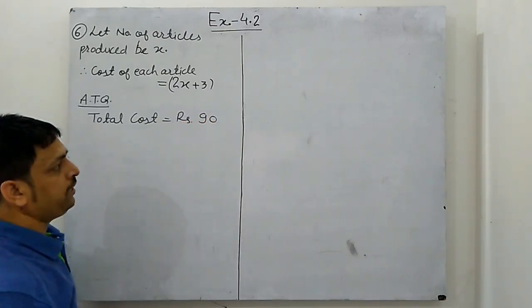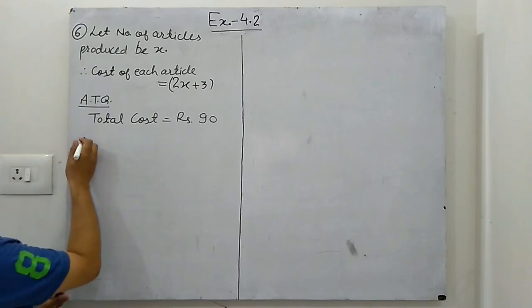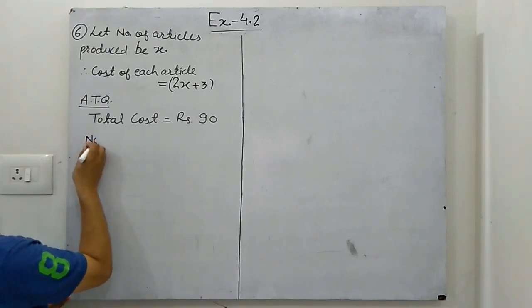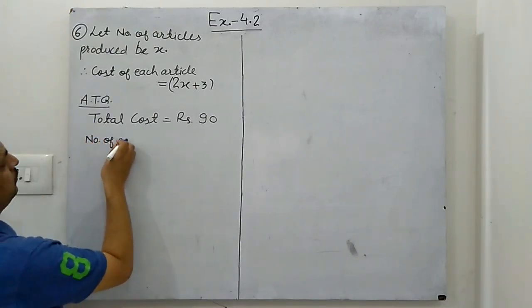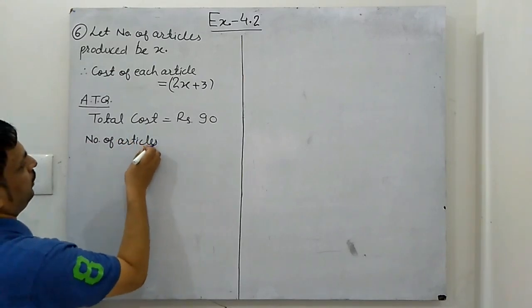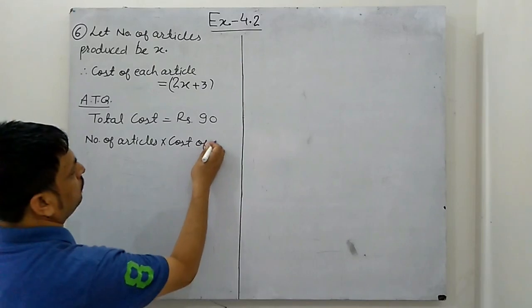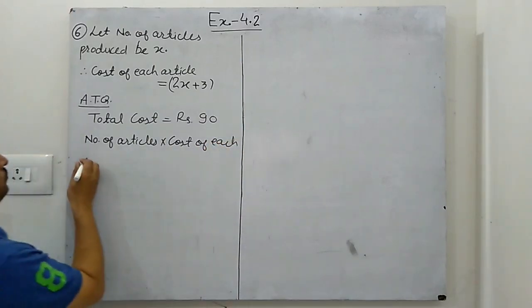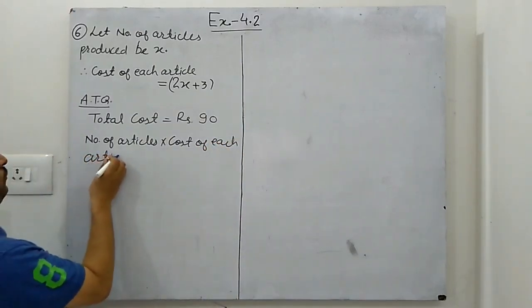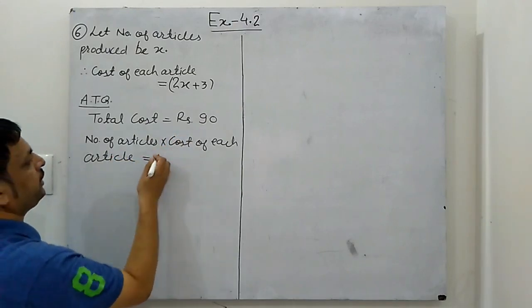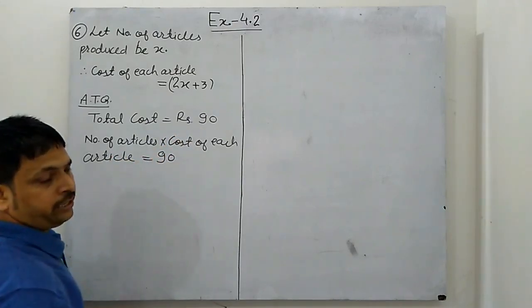So how can we find total cost? Number of articles will be multiplied by cost of each article. And it is already given, that is 90.